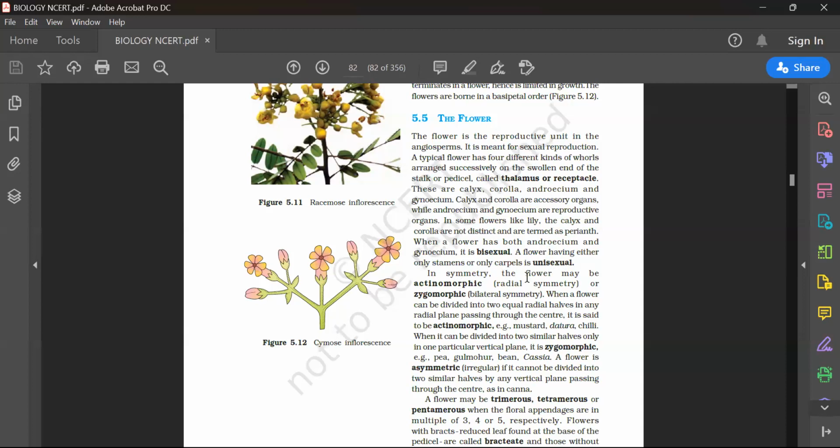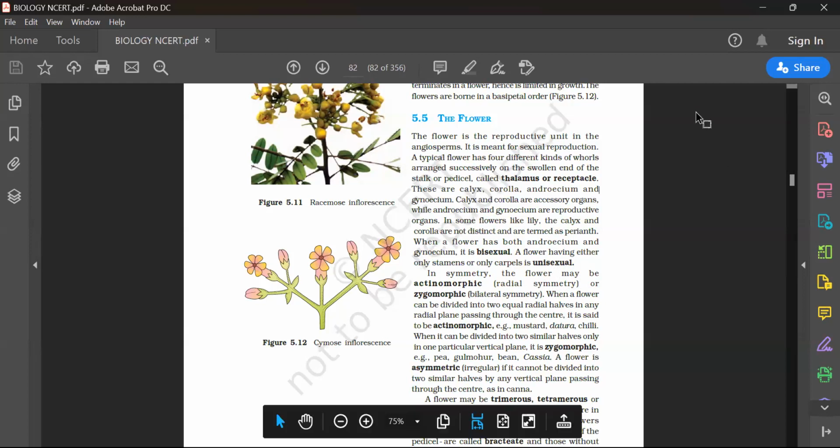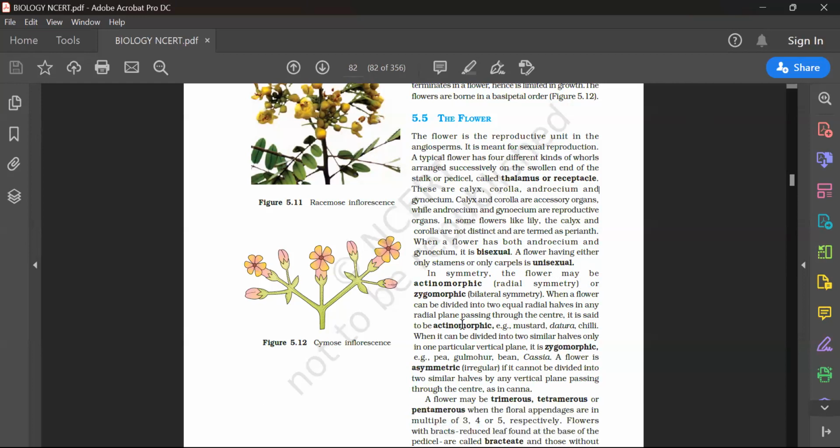When it comes to symmetry, the flower may be actinomorphic, which is radially symmetrical, or zygomorphic, which is bilaterally symmetrical. When a flower can be divided into two equal halves in any radial plane passing through the center, it is said to be actinomorphic.